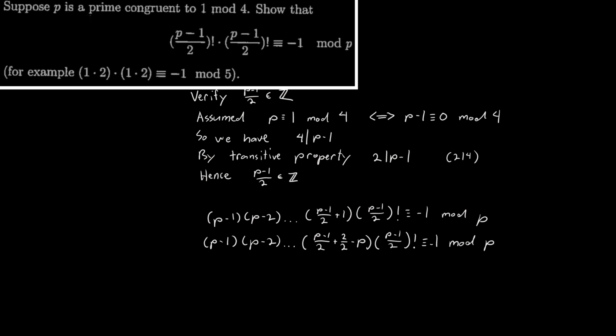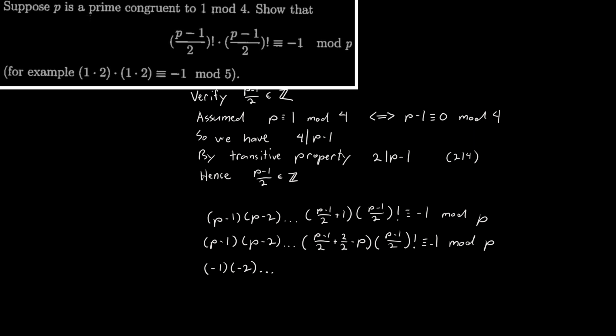Also note that we can rewrite p-1 and p-2 as -1 and -2, because p-1 is congruent to -1 mod p, and p-2 is the same as -2, and so on.